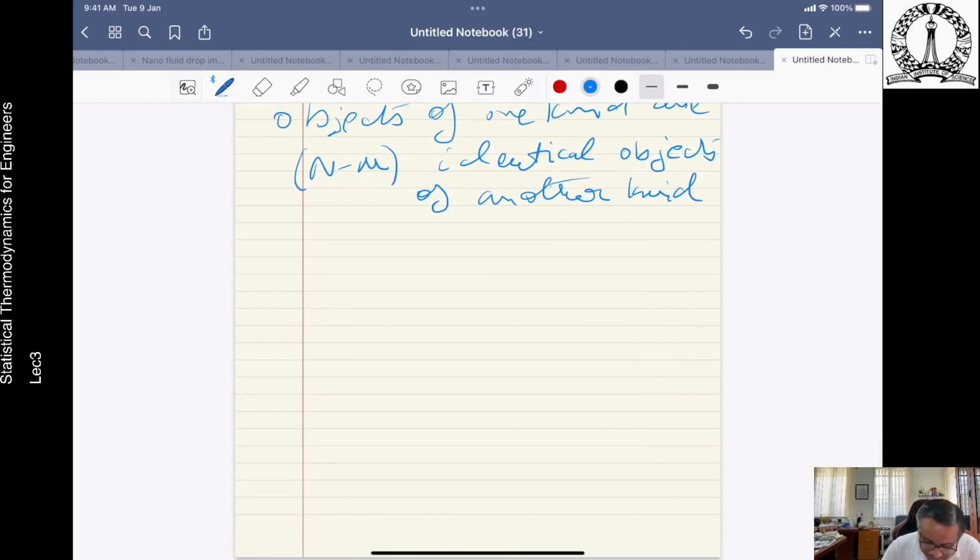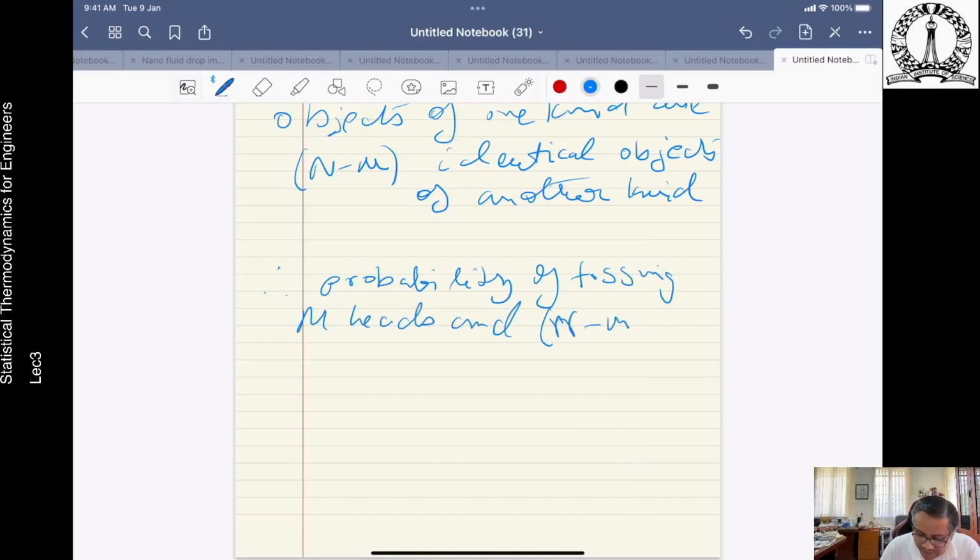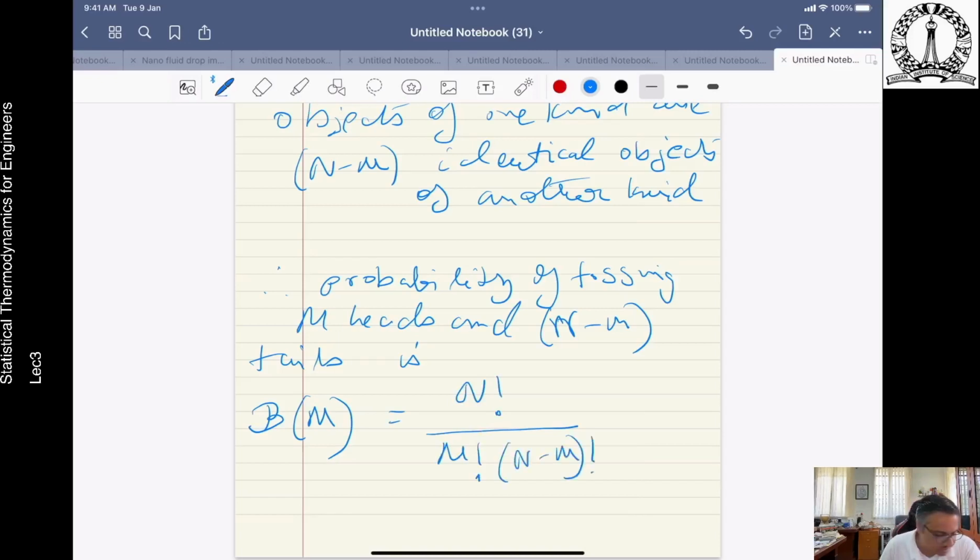Therefore, the probability of tossing m heads and n minus m tails is given by B(m) equal to n factorial divided by m factorial times n minus m factorial, multiplied by p to the power of m times 1 minus p to the power of n minus m.